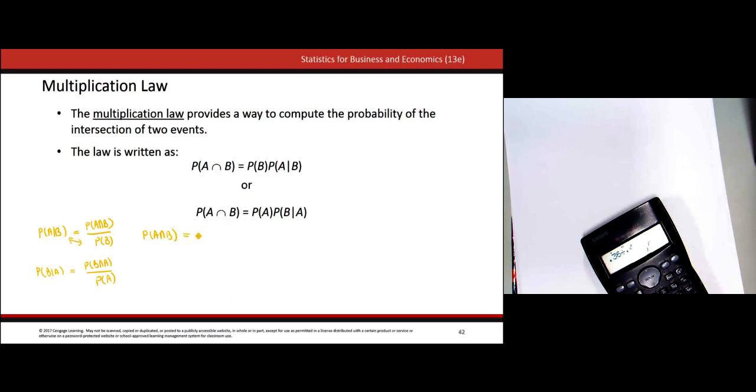We cross multiply it, which is A given B times probability of B. B intersect A and A intersect B are the same, which is probability of B given A times probability of A. So this provides a way to calculate the intersection of two events. Sometimes A intersect B may not be given, but you may know A given B and probability of B. So you can calculate A intersect B by multiplying those two.